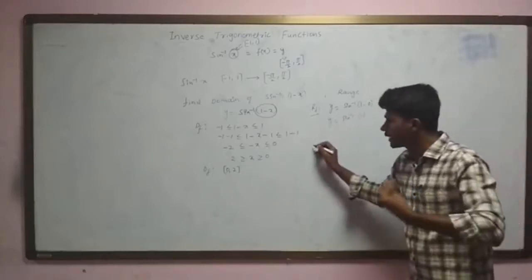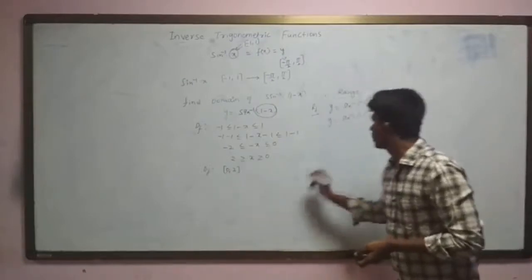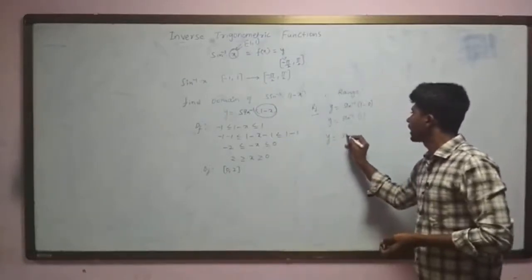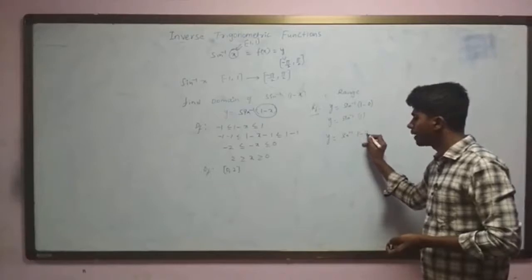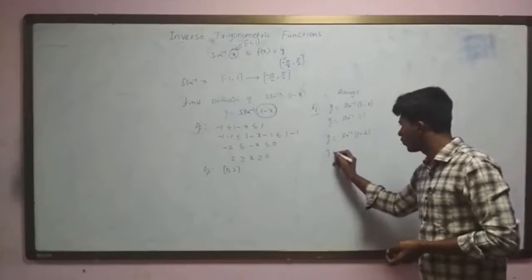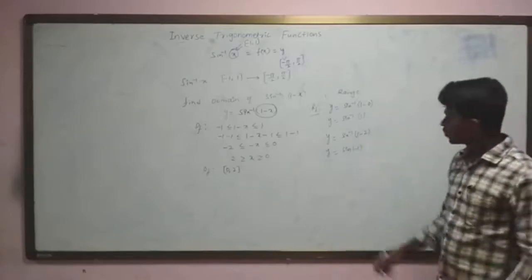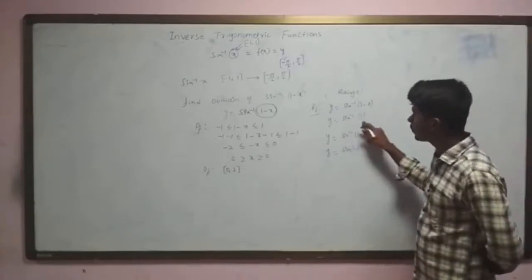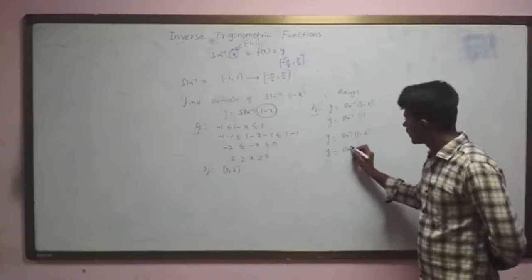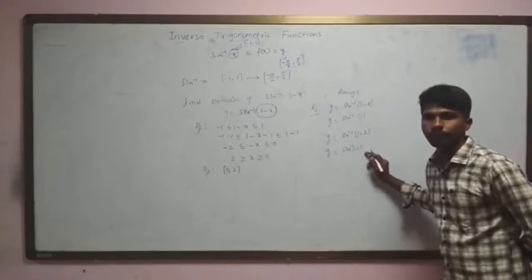Next, the maximum value of x is 2, so y is equal to sine inverse of 1 minus 2, so y is equal to sine inverse of minus 1. So we have to find what is sine inverse of 1 and what is sine inverse of minus 1.